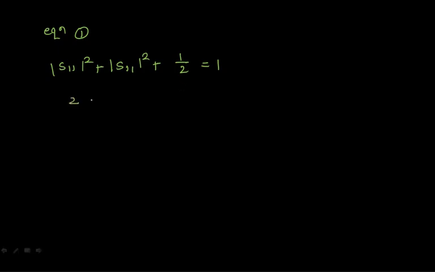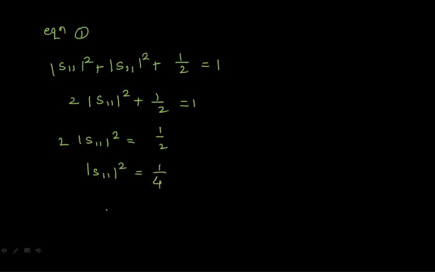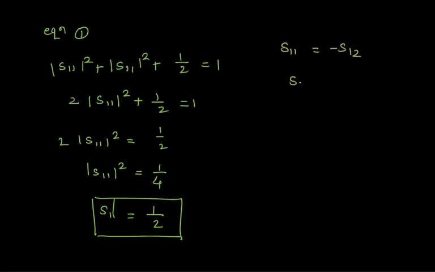So this will become 2 S11 square plus 1 half is equal to 1, which gives me S11 square is equal to 1 minus half, which is half. Dividing by 2, S11 square will be 1 by 4, and the square root of both gives me S11 is equal to 1 by 2. So if S11 is equal to minus S12, then S12 must be equal to minus 1 by 2.